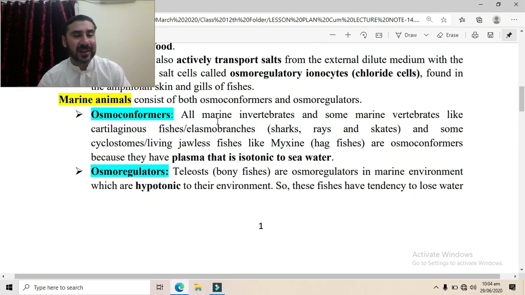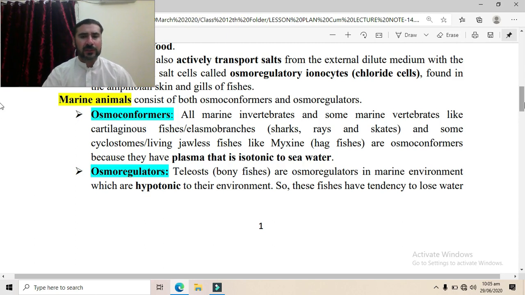So inside these osmoconformers, the solvent concentration will comparatively increase. What will they do? They will remove extra water from their bodies through their gills. In this way, the concentration of solute and solvent will become equal on both sides, internally and externally. So they adjust themselves to their external environment.